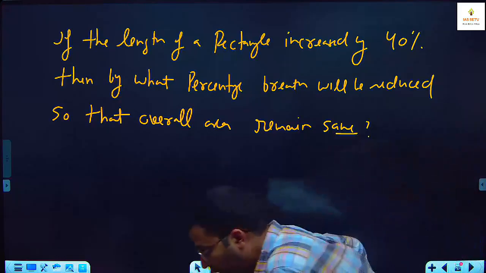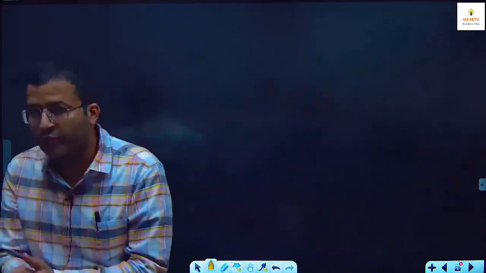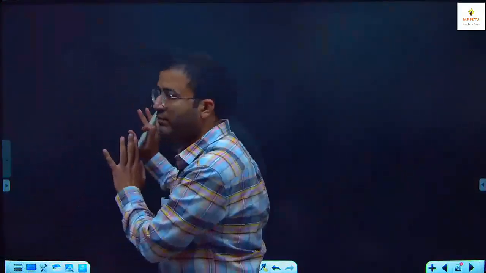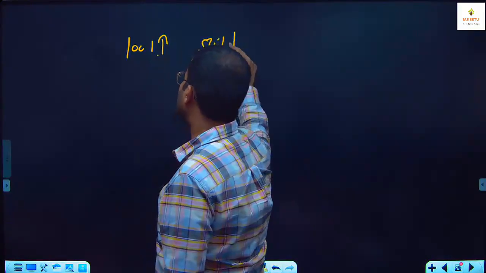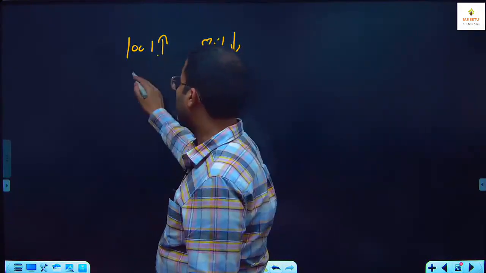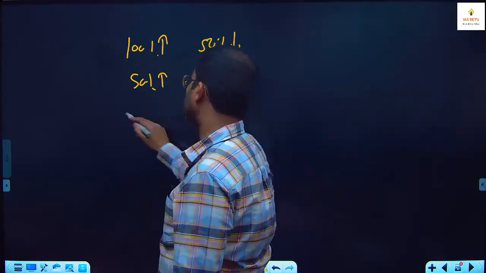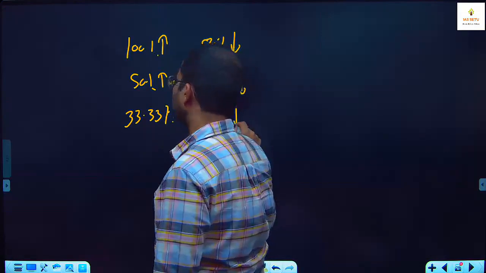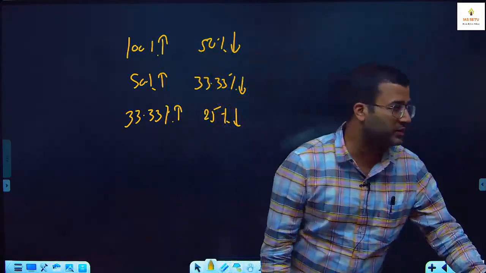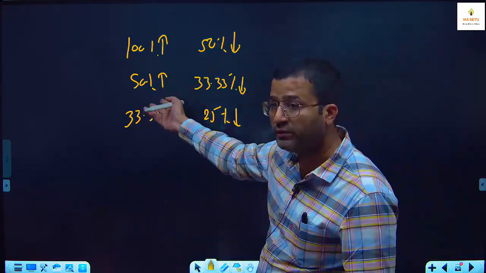Now I tell you, in a wonderful way I have given only a few values, limited values. 100% increase compensated by 50% decrease, 50% increase compensated by 33.33% decrease, 33.33% increase compensated by 25% decrease. What about 60%? What about 75%? Here we don't have those values, 40%.